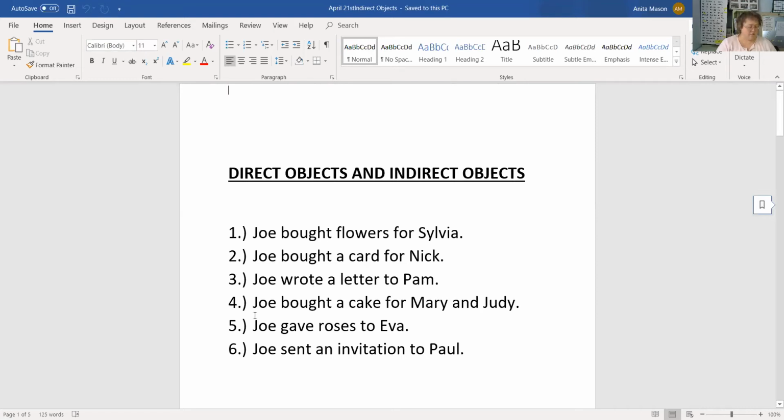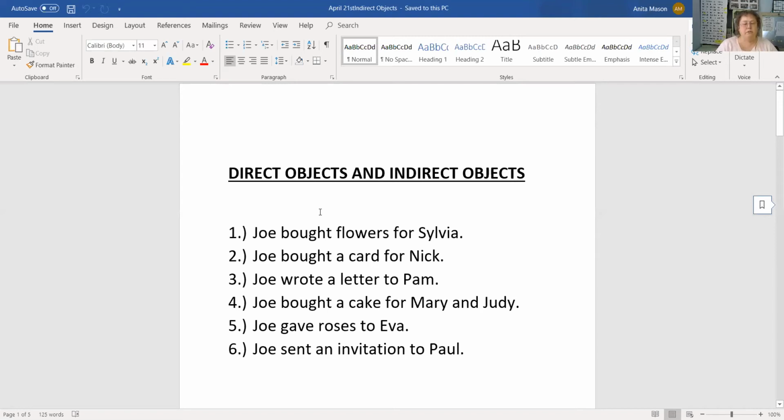Number 4 was to buy a cake for Mary and Judy. In the past tense, that's Joe bought a cake for Mary and Judy. Number 5 was to give roses to Eva. So number 5 is Joe gave roses to Eva. Number 6, send an invitation to Paul. So the past tense is Joe sent an invitation to Paul.